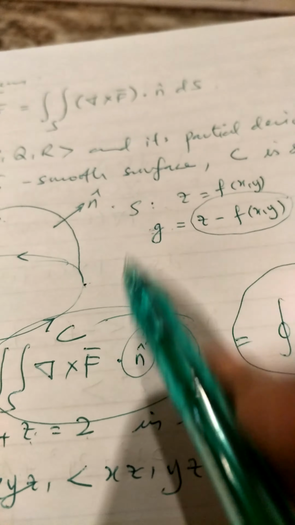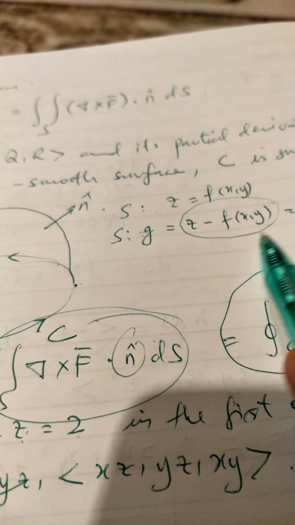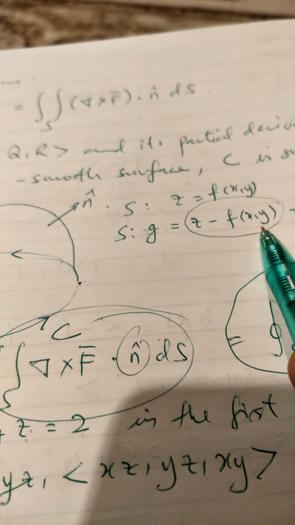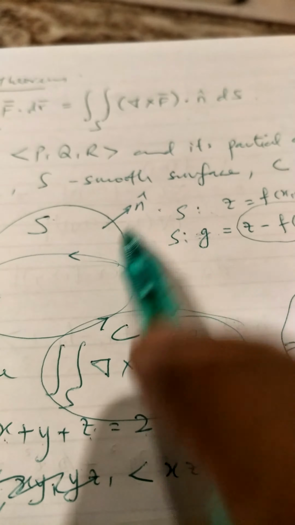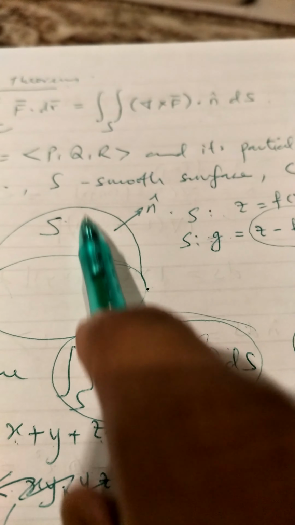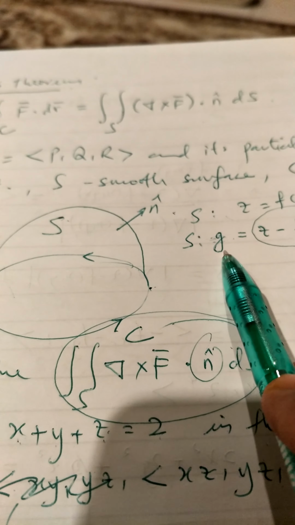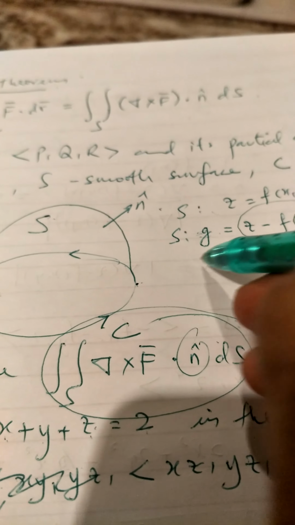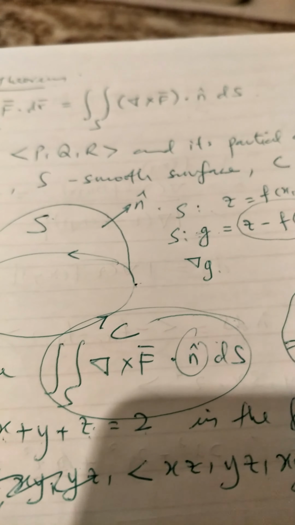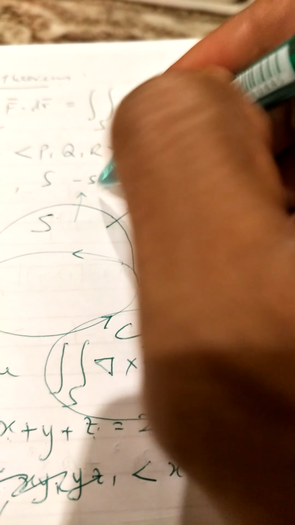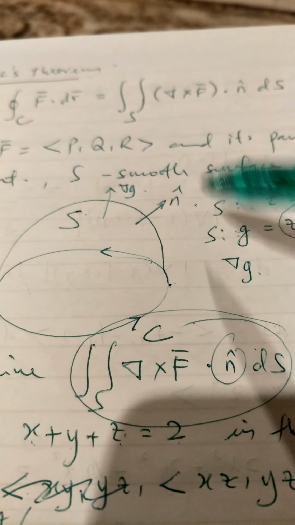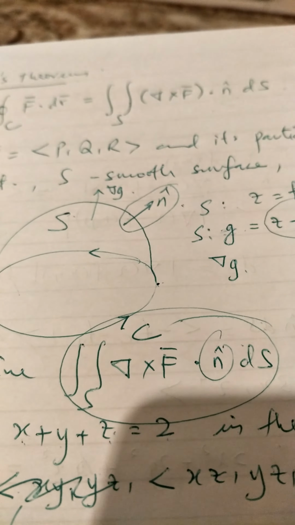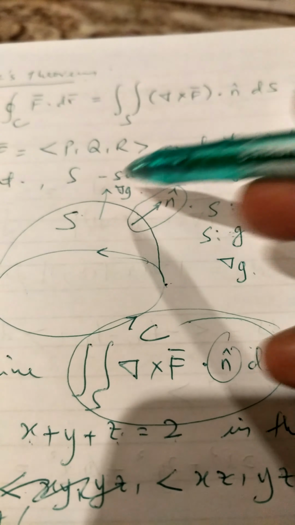Now this surface S can be written as that function. In order to find the normal to the surface, we apply the del operator to it. So we have del g, and this del g will give you a normal to the surface. But remember that you need a unit normal.